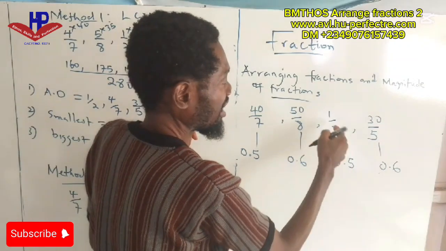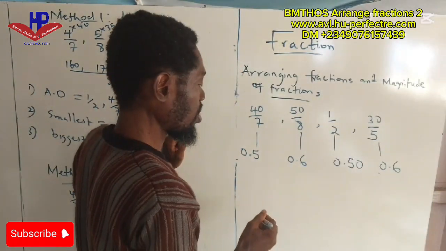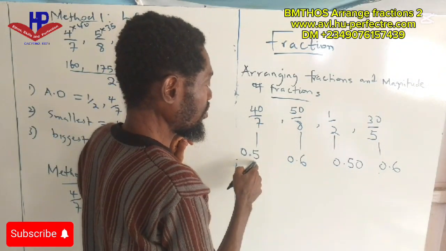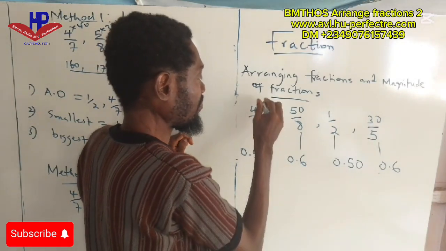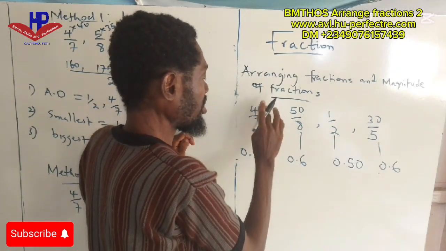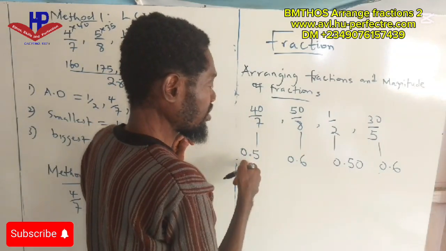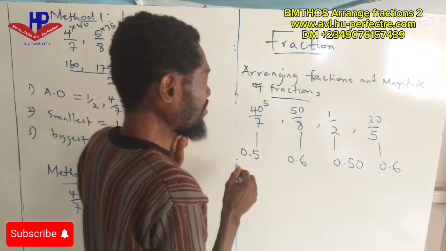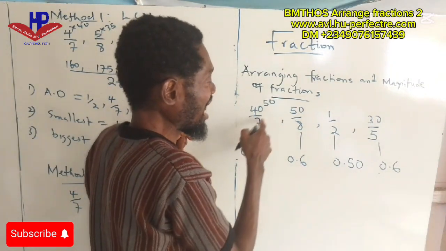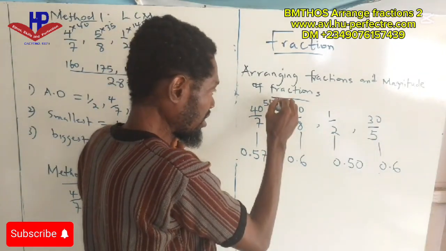There was no remainder apart from 0, so I'll add a 0 to make 2 decimal places. 7 in 40 is 5, that is 35, remainder 5. Now, I need to add 0 to 5. How many 7 are in 50? That is 7, which is 49, remainder 1.